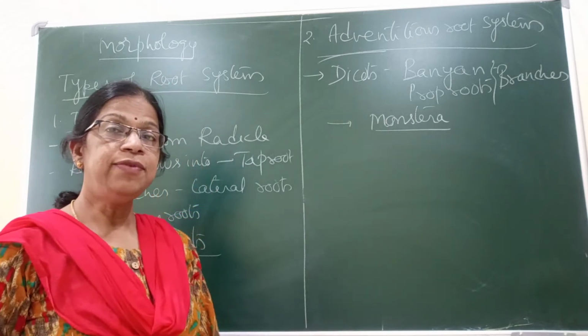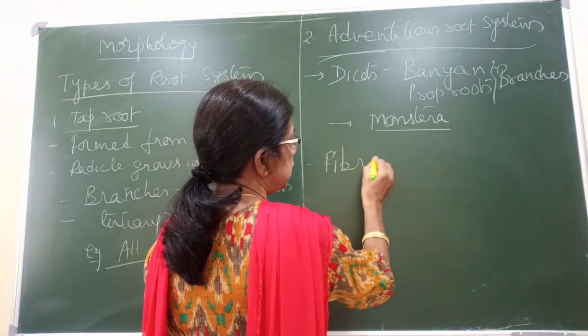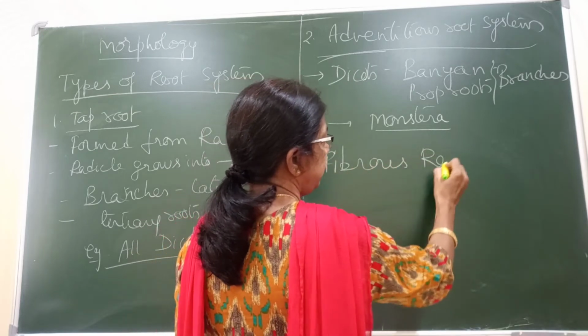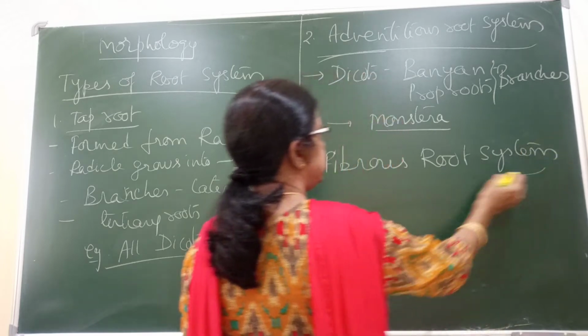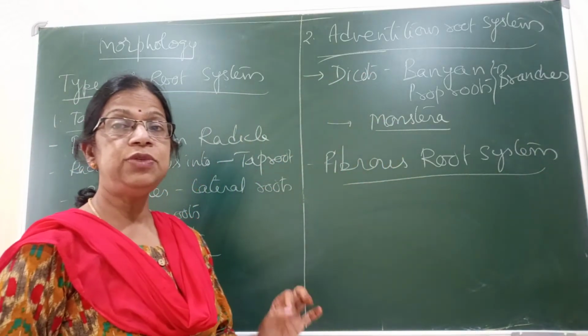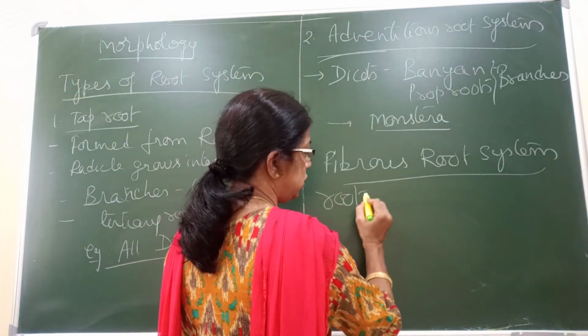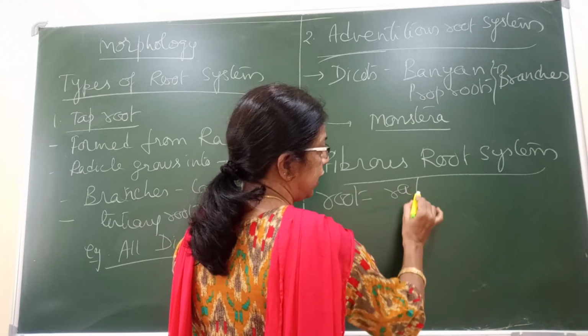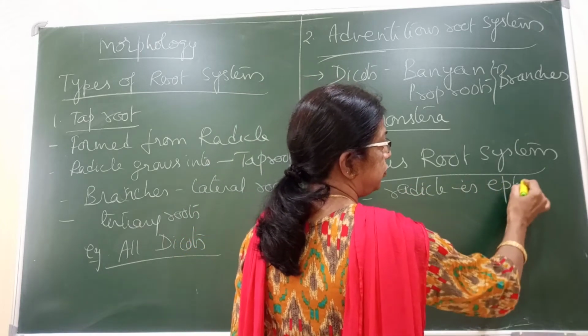Now, another variation of adventitious roots is the fibrous root system. In fibrous root system, radical is very short-lived. The most important feature of fibrous root system is that here radical is ephemeral.